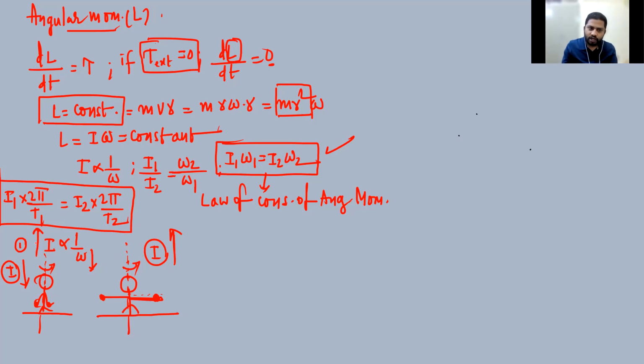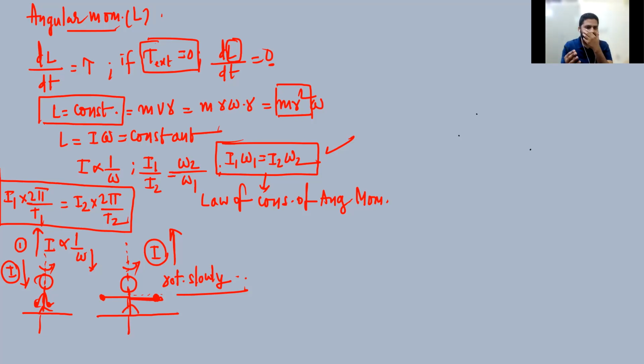When the moment of inertia is more, the angular velocity will be less. So in this case, the person rotates slowly. You might have observed people who are doing gymnastics, right? And the people who are doing circus and dance movements.